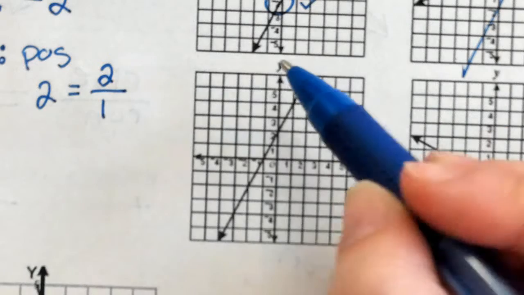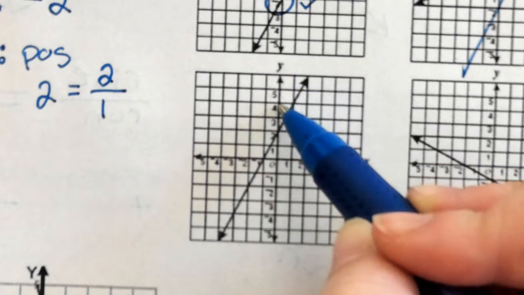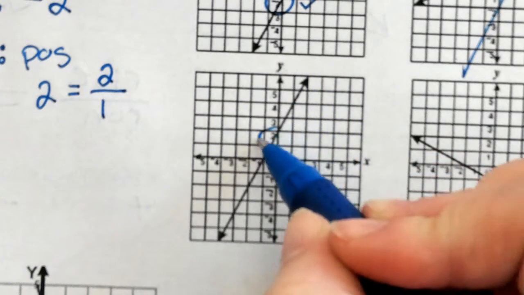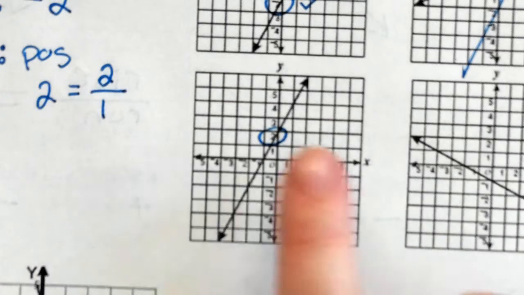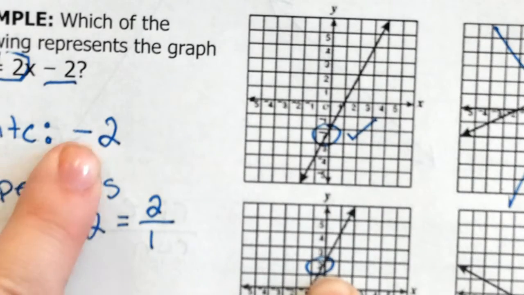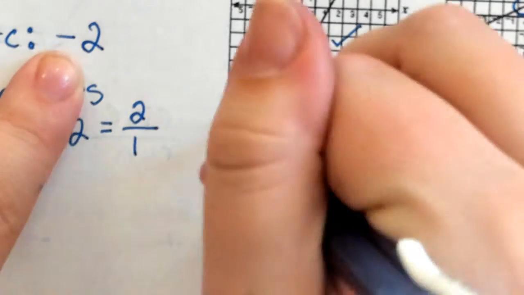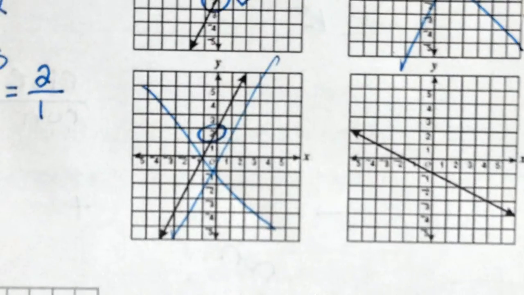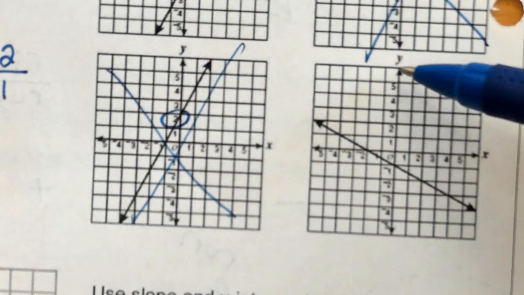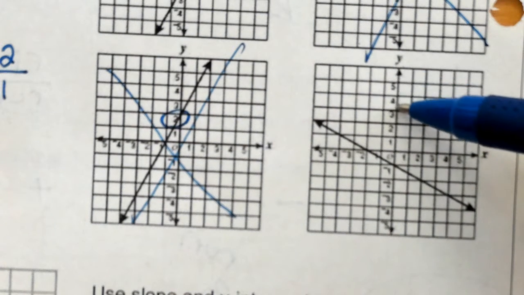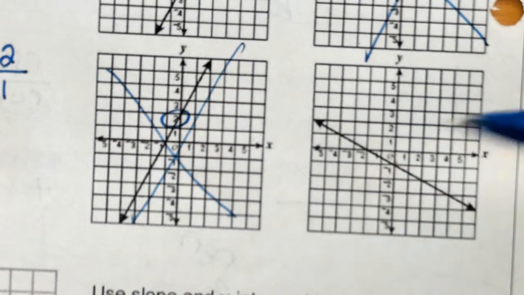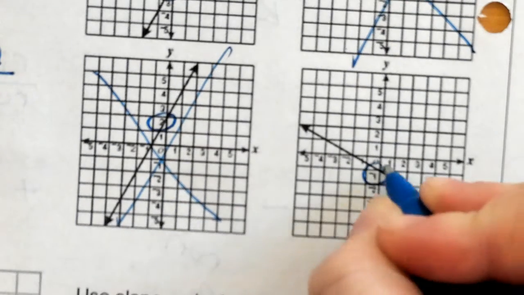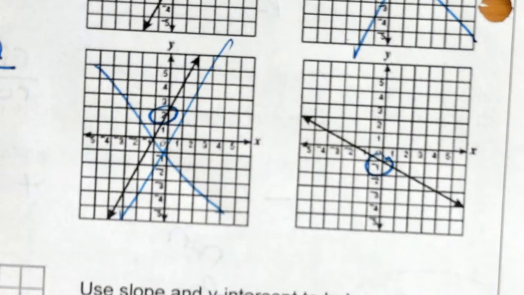If I look at this third graph and I look down the y-axis, oh, it's touching it at +2. We said our y-intercept was -2. That means that graph is not our answer. So let's look at this last one. Oh, it's touching it here at -1.